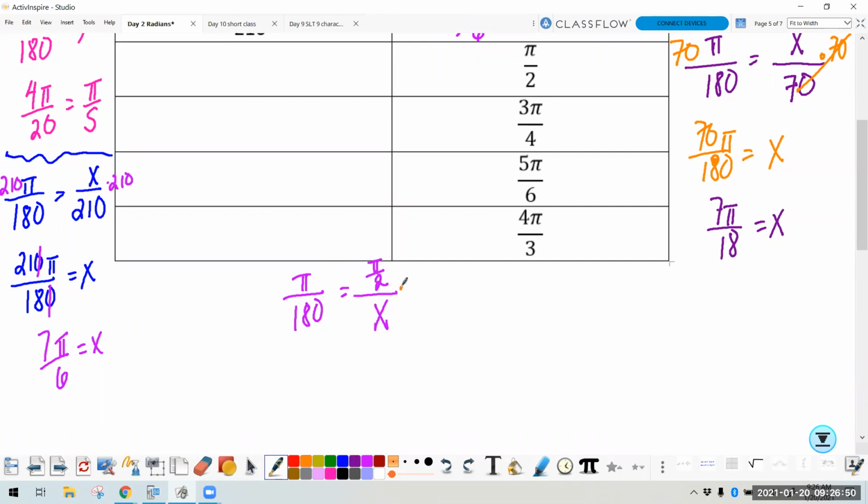Now to solve this, I can multiply both sides by x, but that doesn't eliminate the variable. So what I'm going to do is just cross multiply. It's going to do a lot of the solving in one step. I'm going to go x times pi equals 180 times pi over 2.